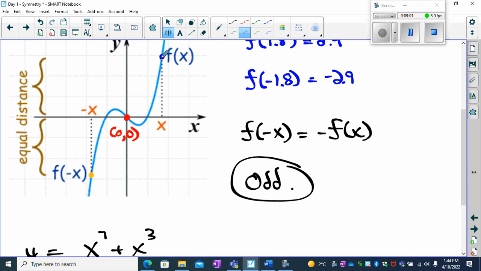So think if I grabbed onto this point right here and I rotated it 180 degrees through the origin, this piece right here, if I rotated it this way, 180 degrees, it would lay right on top of this piece. That's the symmetry. And that is called an odd function.